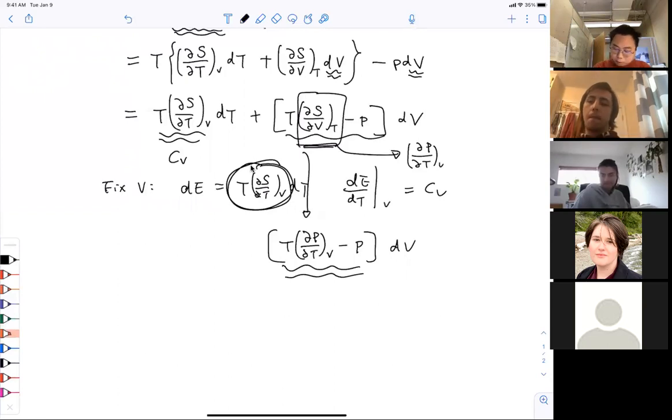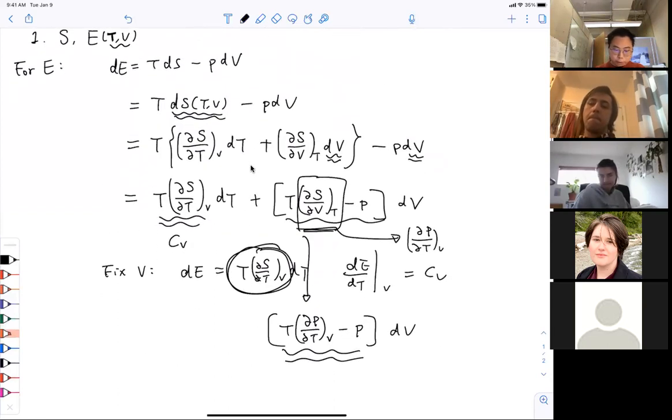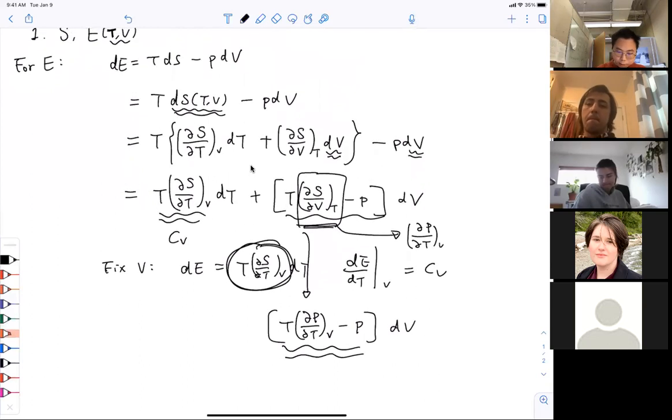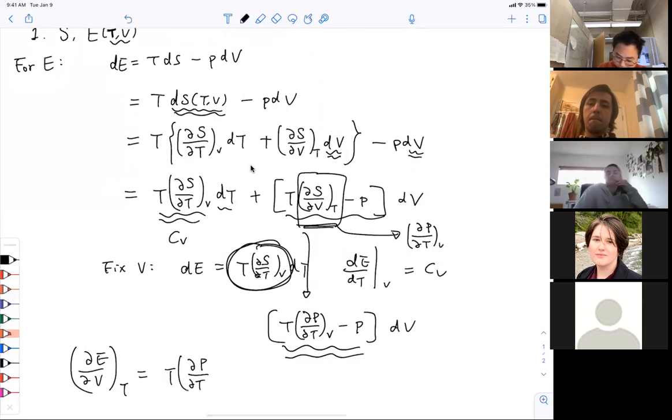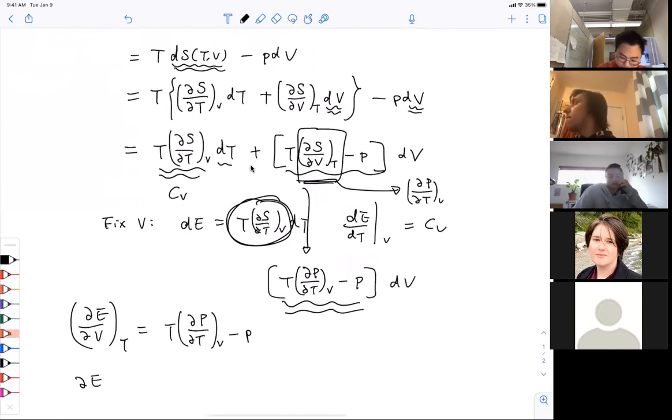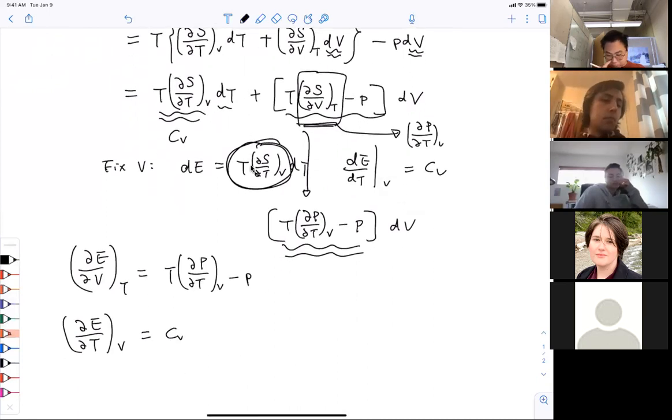So now we have two equations. One is partial E, partial V, fixed T. We have this one, and partial E, partial T, fixed V. We have this one, right?